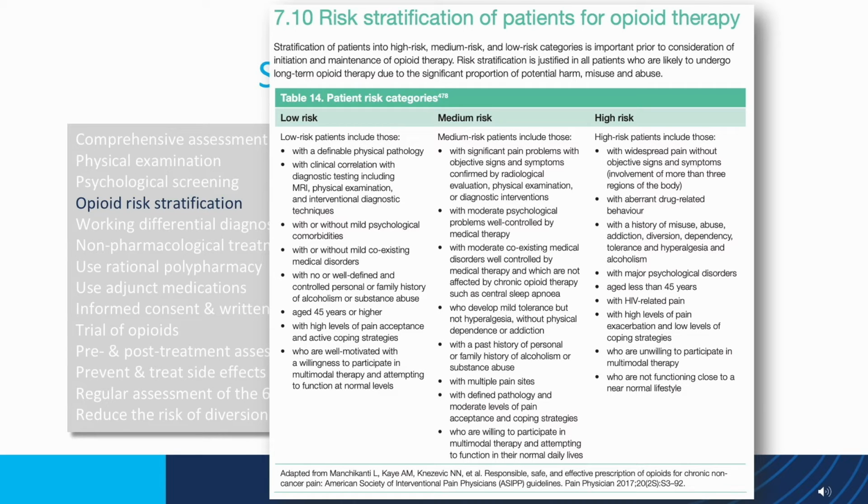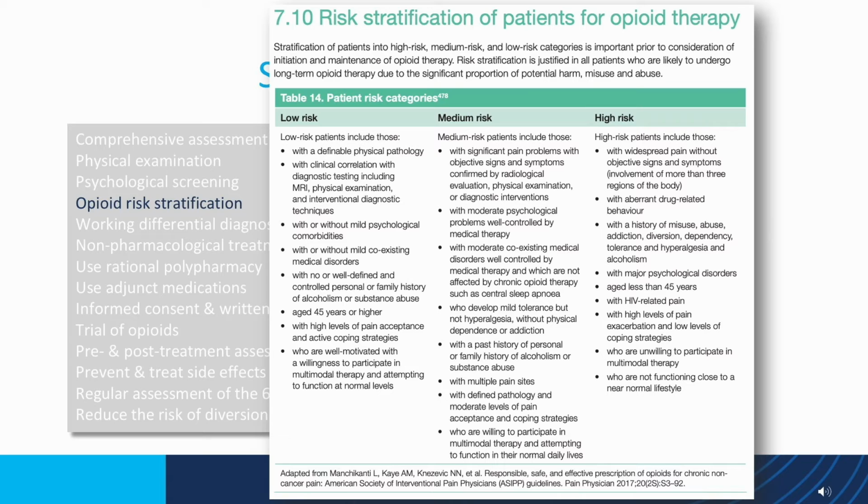Low, moderate, high. Low risk, they've got a definable pathology, there's minimal psychological comorbidities, they're older than 45 years old, they're well motivated, they're engaged in the services. Active coping strategies, so patients that are doing well overall. Medium risk, a little different.